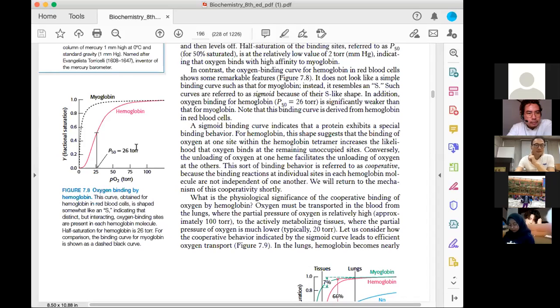And the reason this is not linear is because the hemoglobin binds oxygen cooperatively.